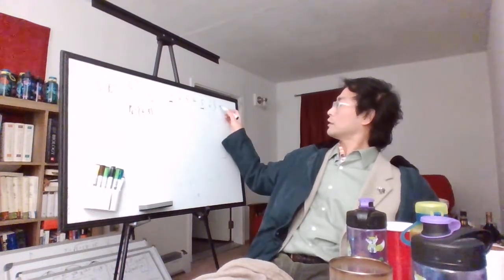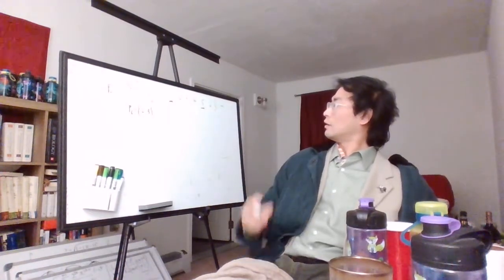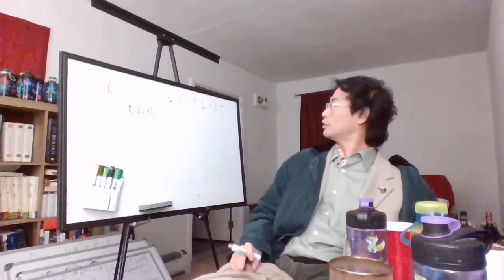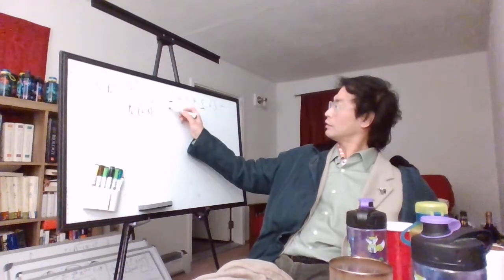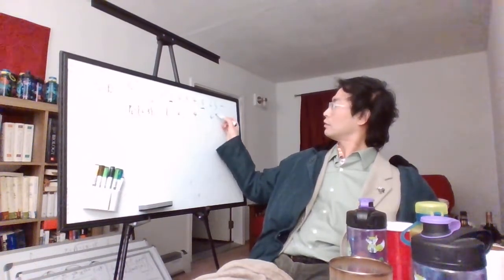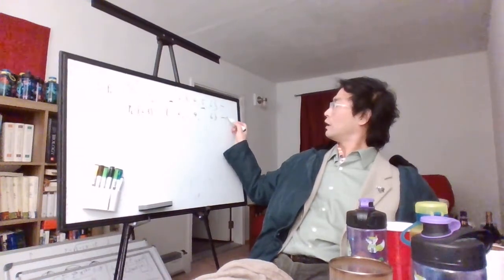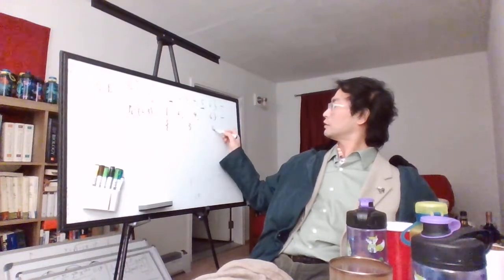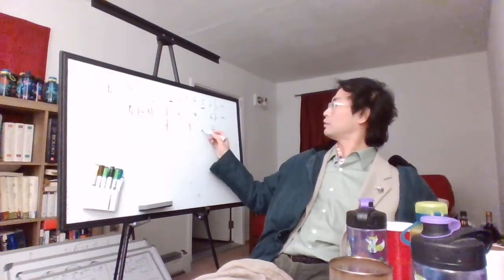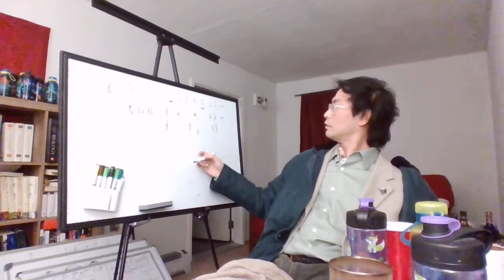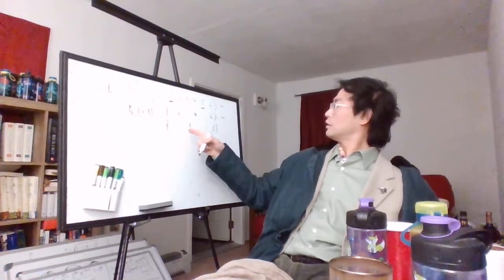So we're gonna subtract multiples of 2. And also we're gonna subtract multiples of 3. 2, 3, 4, 6.